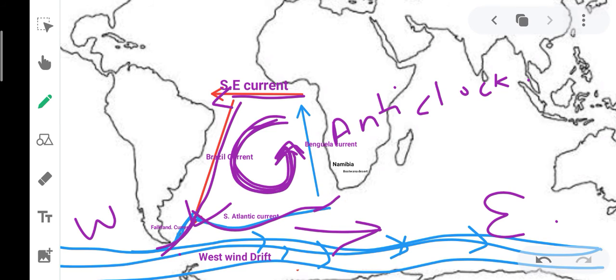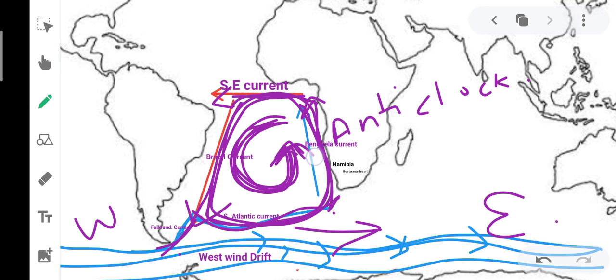After striking the South African coast, it turns in the northern direction and forms the Benguela current, and again the Benguela current merges with the South Equatorial current. Hence, this complete movement is the movement of the South Atlantic Ocean, and one should note that this movement is in anti-clockwise direction. Hope you have understood it. Thank you.